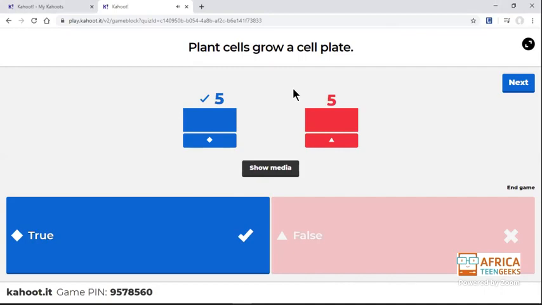So the answer is true. Remember, a cell plate forms the cell wall in plant cells. We did that under corrections, guys. So this is during cytokinesis. The plant cells grow a cell plate in plant cells.